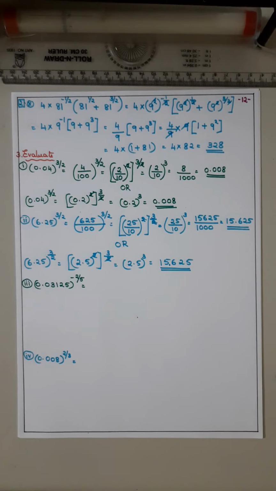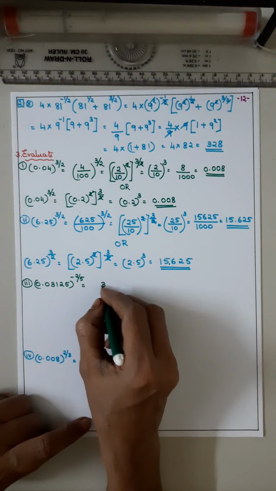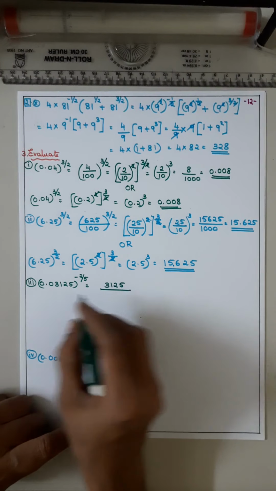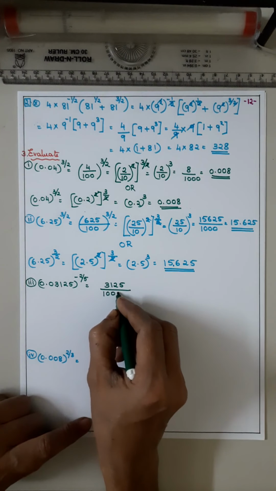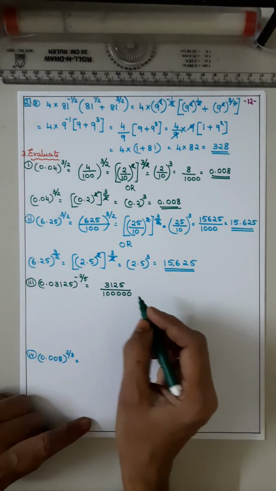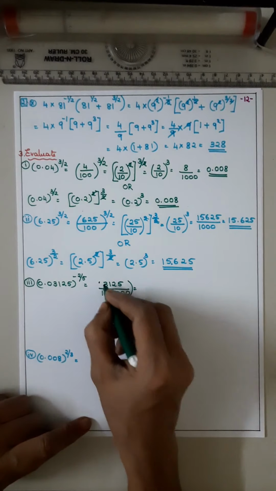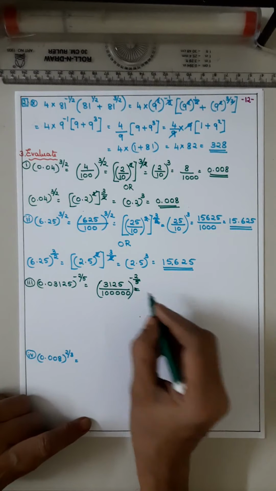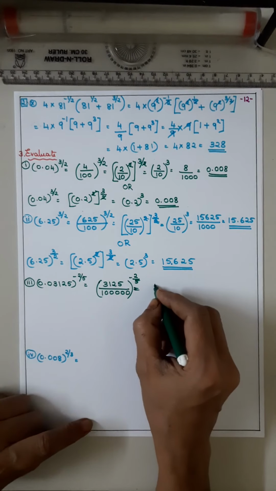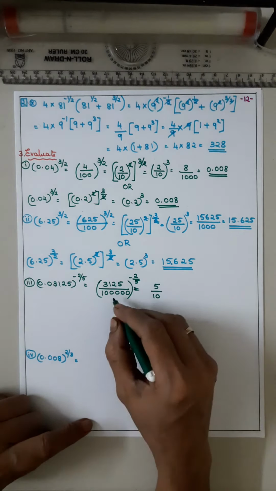Now coming to the next sum, it is 0.03125. Okay, so first method 3125 upon 1 2 3 4 5 means 1 and 5 zeros, so the power minus 2/5. Okay, now 3125 किसका पावर 5 है? It is 5 का, और 10 का पावर है 1 lakh.